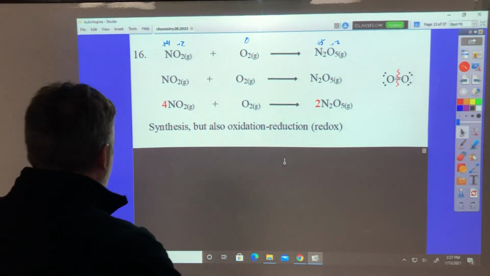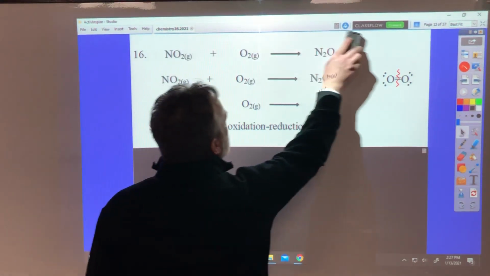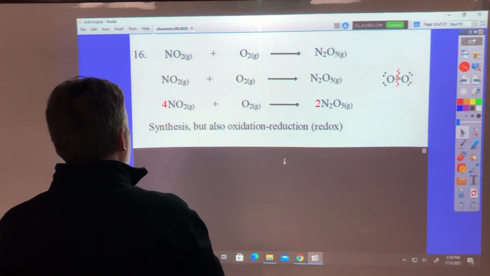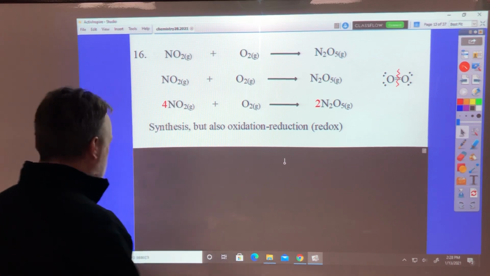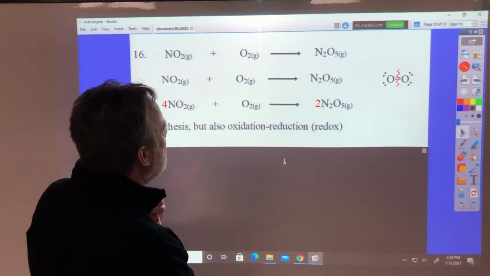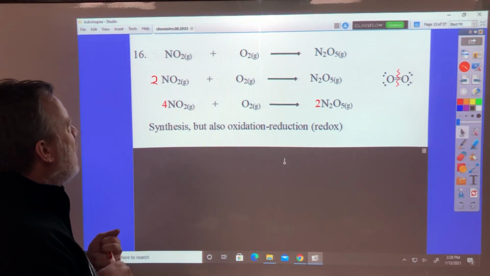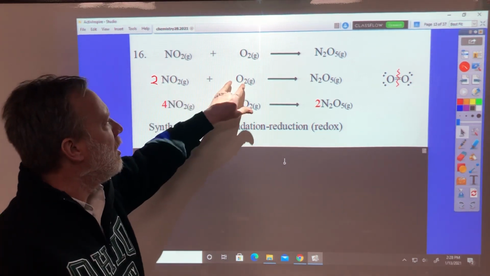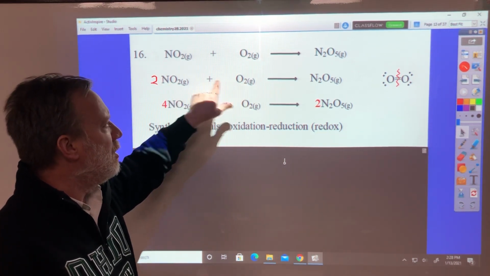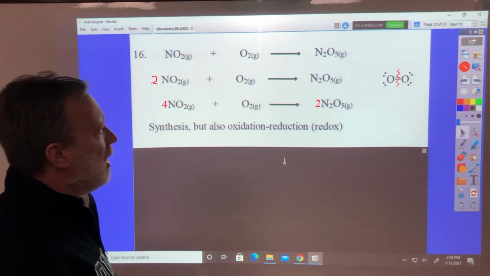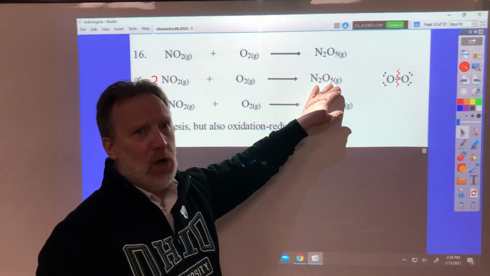Okay, and then when you go to balance it, I have 1 nitrogen and 2 nitrogens, so I need 2 in front here at least. And then that gives me 2 times 2 is 4, 1 times 2 is 2, 2 and 4 is 6. That doesn't work over here. For one thing, I need to have an even number.